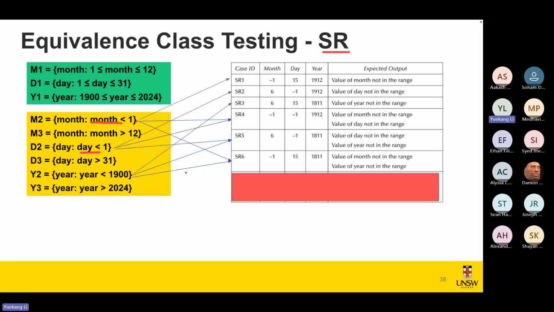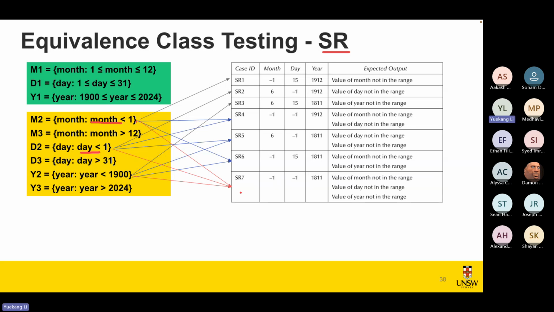And what's next? We combine all three of them, right? If we combine all three of them, we can get this. But again, is that all for strong robust equivalence class testing? No, again. As you can see from the lines here, some of the equivalence classes are not used at all.